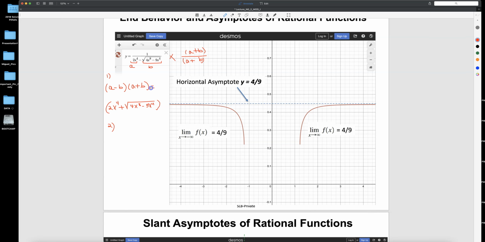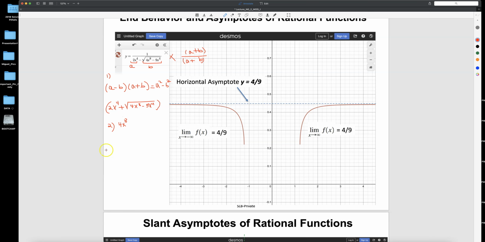This is a difference of squares, the square of the first minus the square of the second. You're going to have the square of the first, which is going to be 4x to the 8th power.